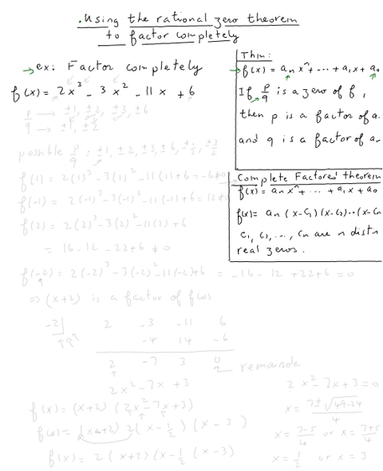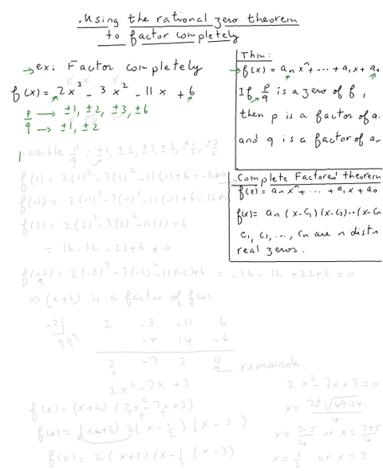So in other words here, the possible rational zeros, p comes from the factors of 6, which is plus or minus 1, plus or minus 2, plus or minus 3, plus or minus 6, and q comes from the factors of 2, which is plus or minus 1, plus or minus 2.